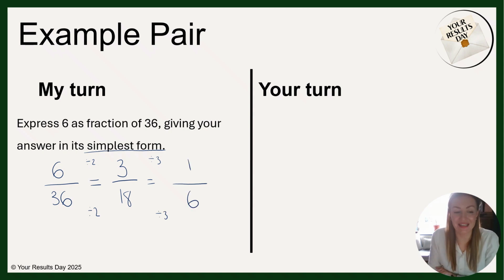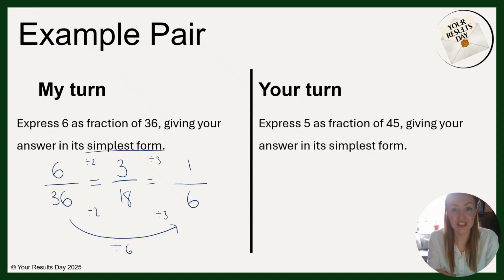Either way, you'll still get the same answer if you simplify as much as possible. But if you were able to see that you can just divide by 6 in one big jump, then that's fine too. Here's a question for you to have a go at.